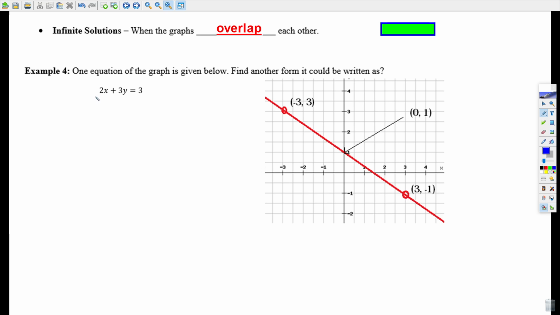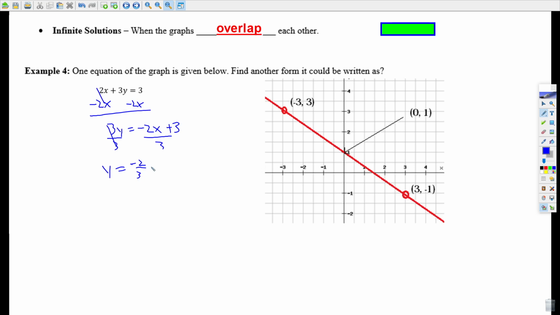We can bring the 2x over by subtracting it. And so that goes away. We get 3y equals negative 2x plus 3. And then we could divide by 3 to both sides. That goes away. We get y equals, 3 has to go into both of these, so I'll keep this side here as a fraction.